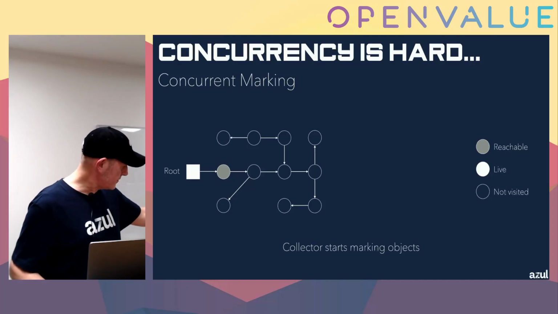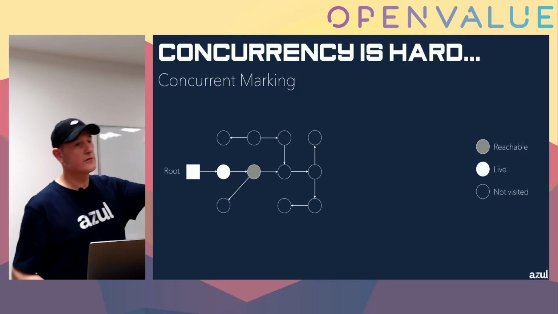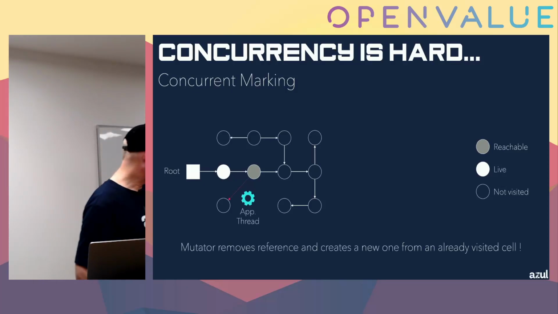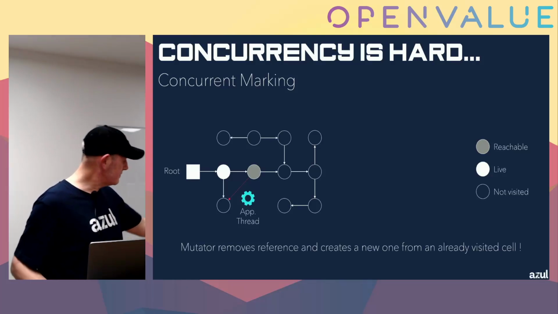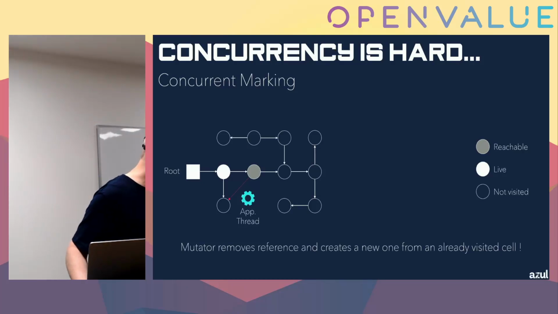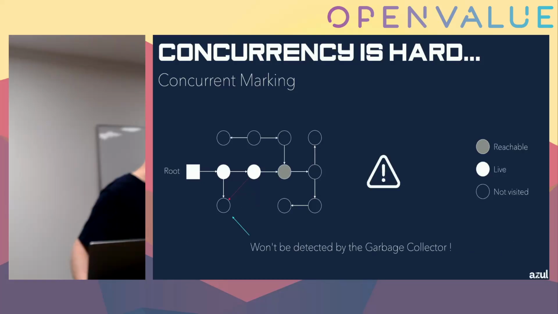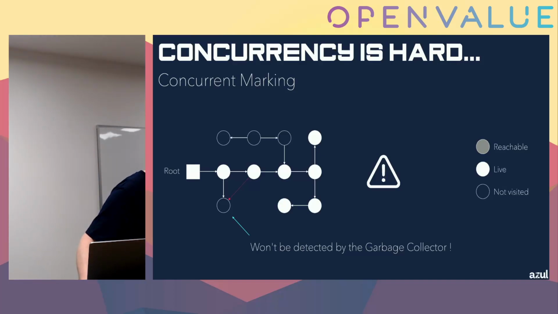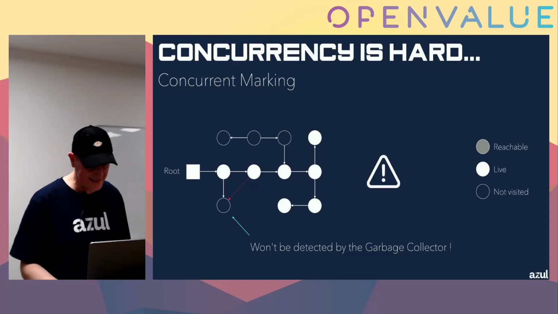So we reach it first, we mark it live, we go to the next reference, right? So now suddenly, because we are concurrent, the application thread decides, you know what, this reference I don't need anymore, but I establish a new one, this one. The garbage collector passed already this cell, so he doesn't know about this. So he goes on, marks all the cells that he can find. This one he can't find because they point in this direction, so this is more or less dead.